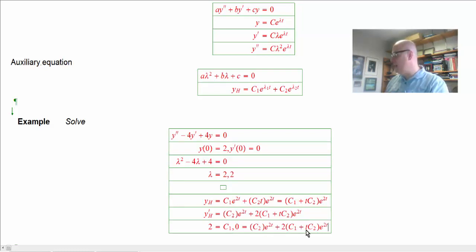When I do that, I'm making t equal to 0, so this piece is 0. These two e's are 1. And I already know that c1 is equal to 2. So that tells me that c2 must be equal to minus 4.